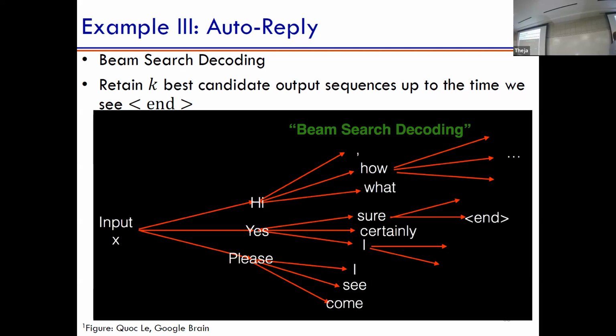So you remember that maybe high had a probability 0.8, yes had a probability 0.19, and this has a probability 0.01 or something. You remember that although this had a probability 0.8, maybe the next words we are seeing have probability 0.001, let's say. Then the joint probability, you just multiply these two, is going to be low, so this trajectory may get downweighted later.